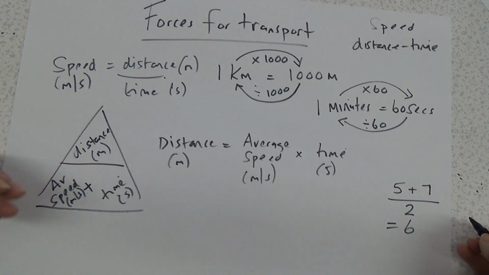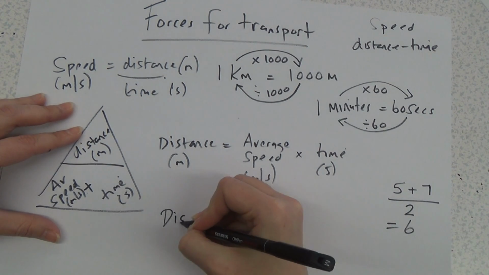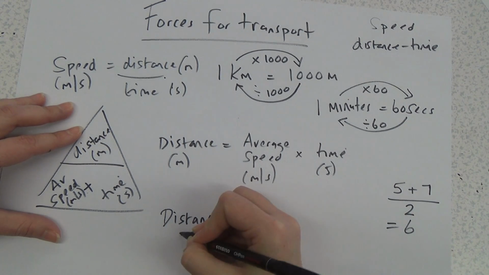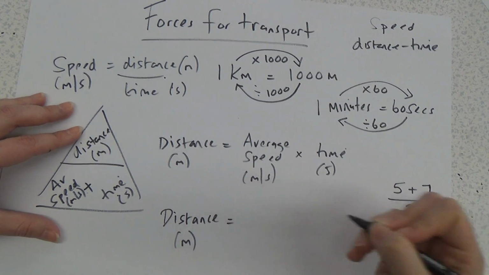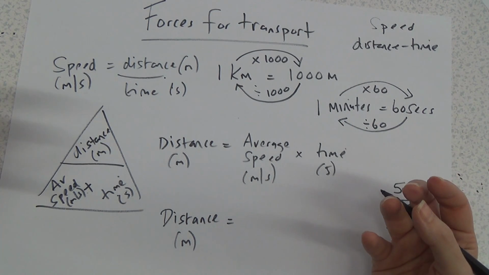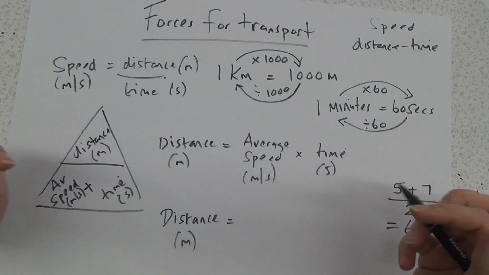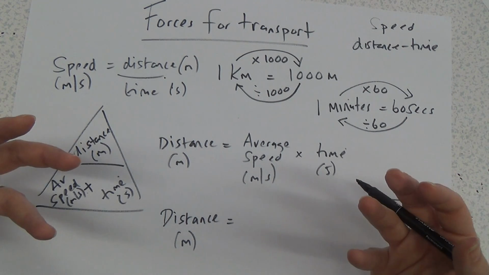So there is another equation at the front of your booklet, which you will also see in your exam paper. This is for examples where you are given two speeds, a starting speed and an end speed, and you need to work out the average speed.